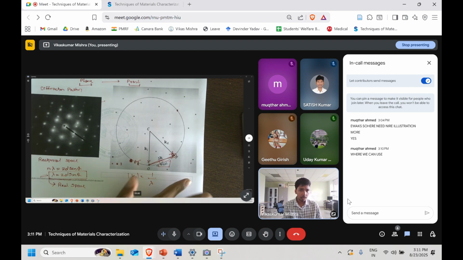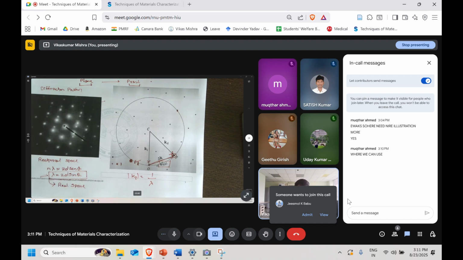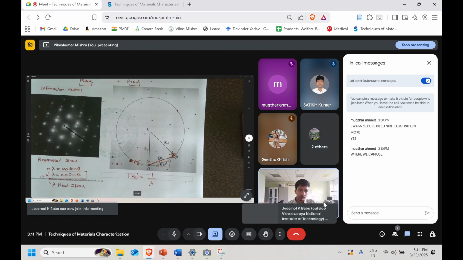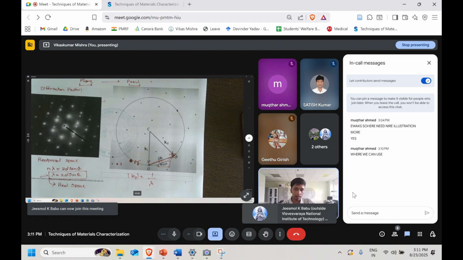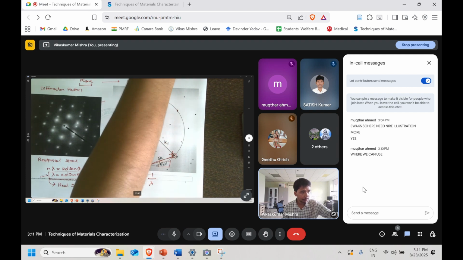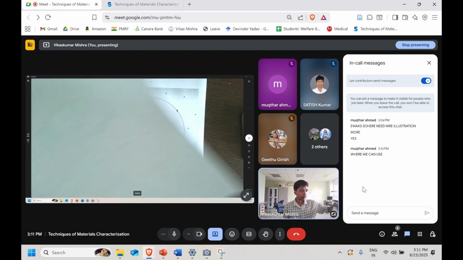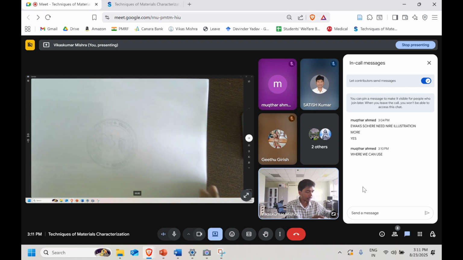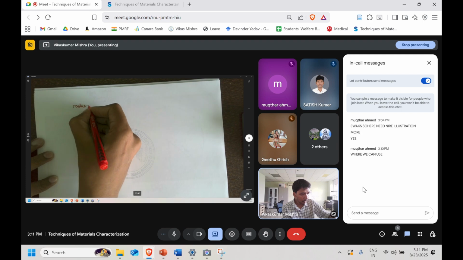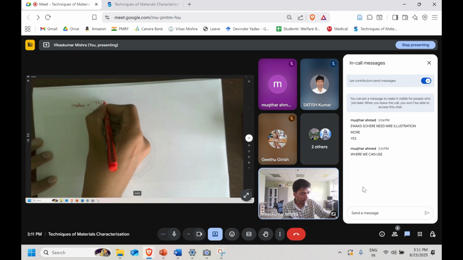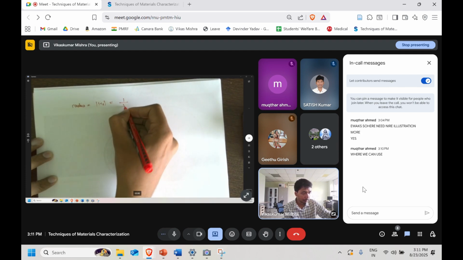So this is how, in general, where can we use the Ewald sphere? Let's get to the practical application of it. Just now I told you that the radius of the Ewald sphere, which is the magnitude of the ki vector, is nothing but 1 over lambda.